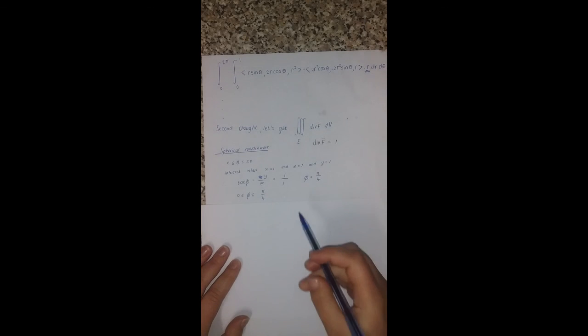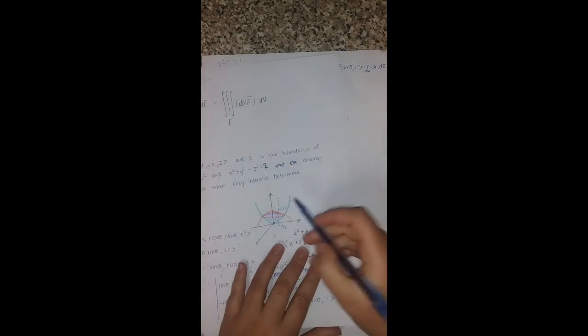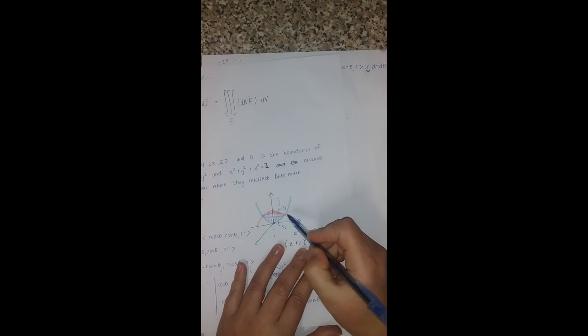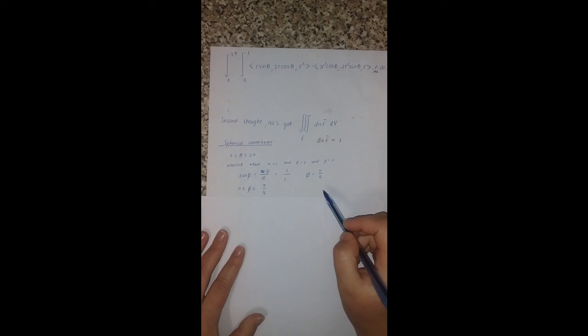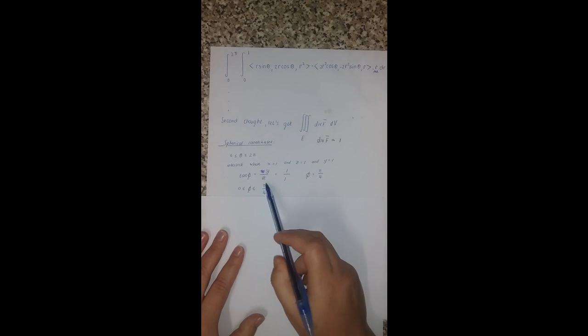And then we know that they intersect where x is equal to 1, z is equal to 1, and y is equal to 1. You can go prove that to yourself. And then you can get your phi from that information, because we're looking at the phi here. So it goes from 0 to here. So our phi goes to pi over 4. So phi is in between 0 and pi over 4.